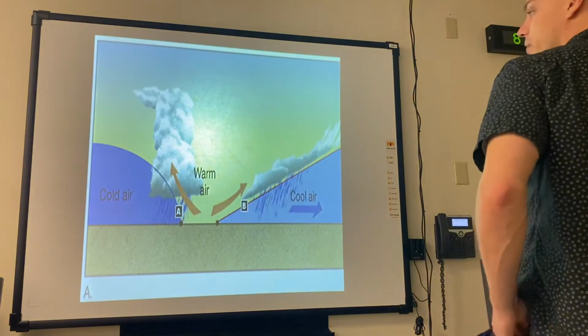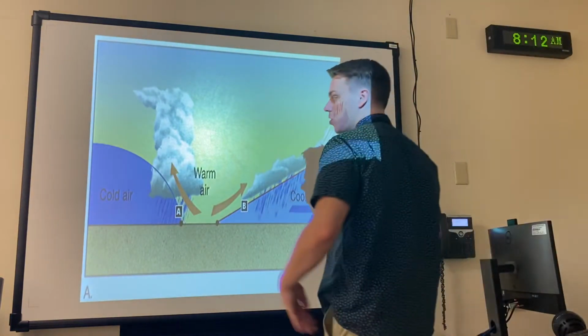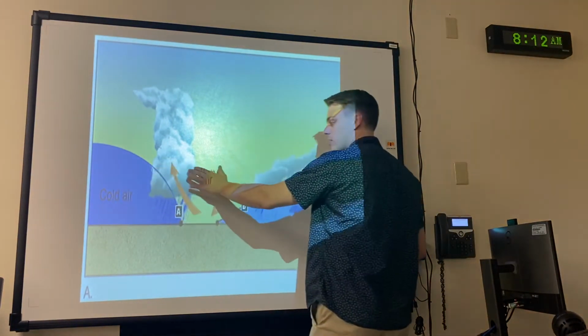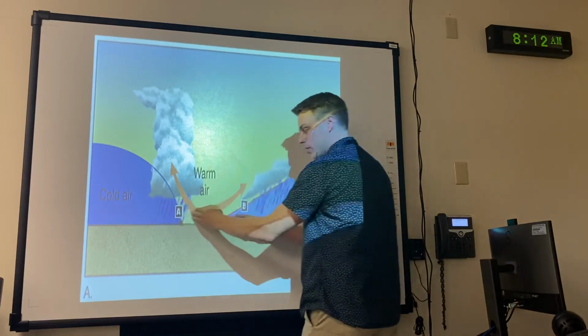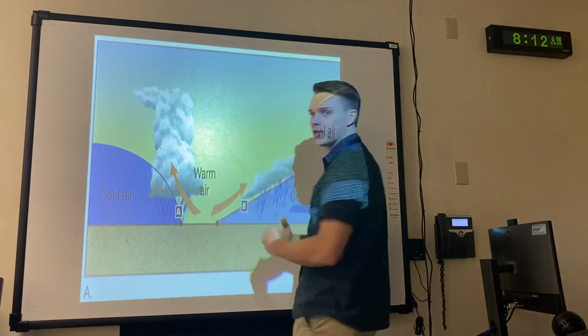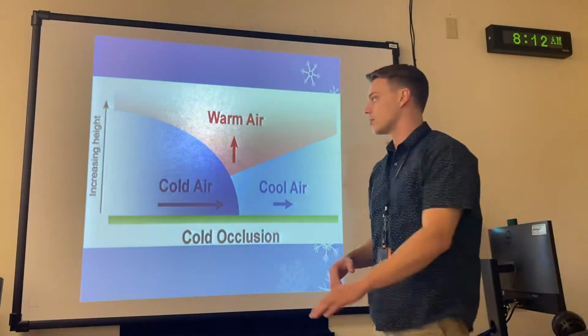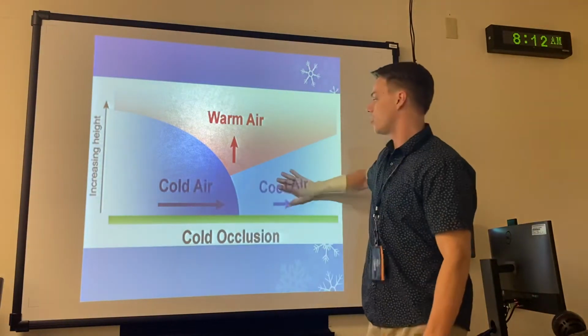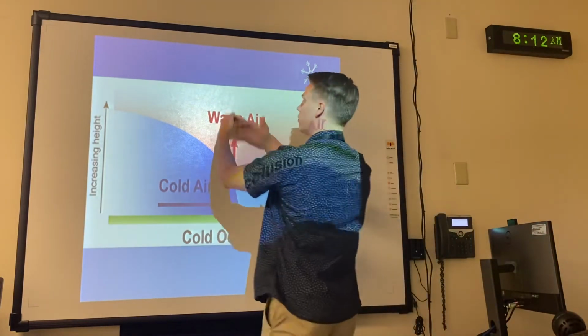One more thing is that sometimes cold air, as it's going towards warm air, will reach another pocket of cold air. And that causes it to wedge like this. The cold air reaches the other cold air and it wedges the warm air up.